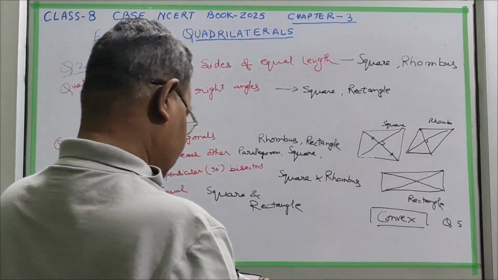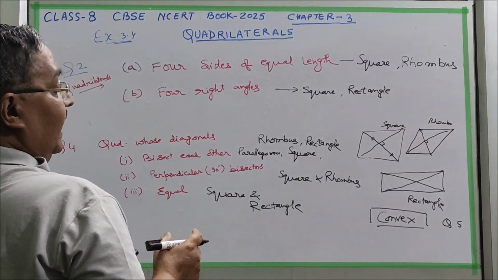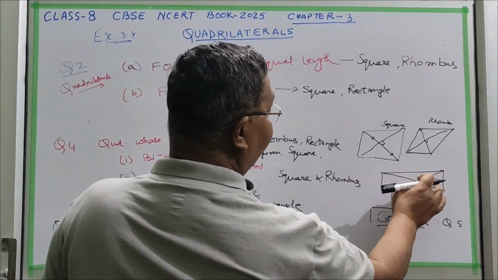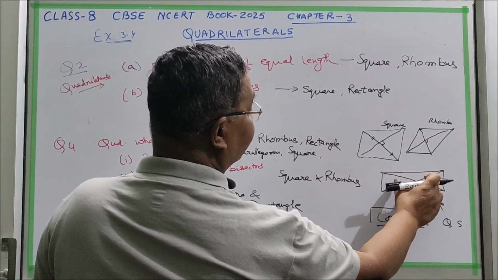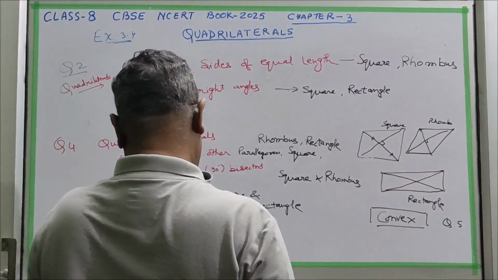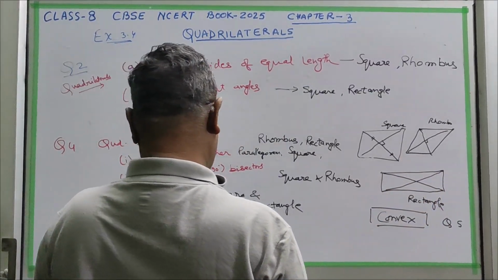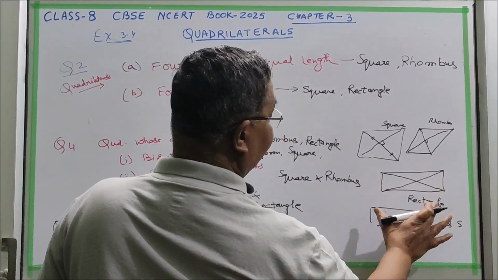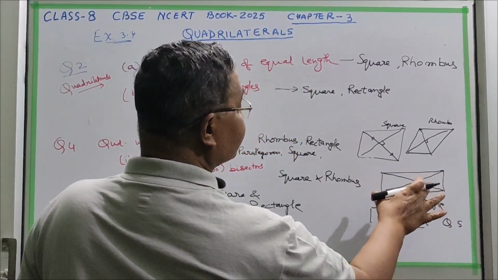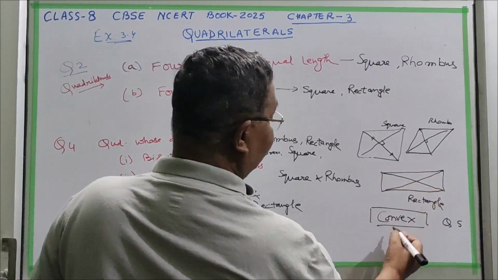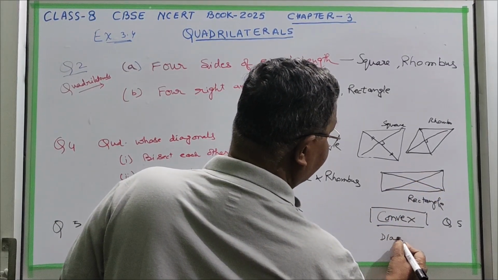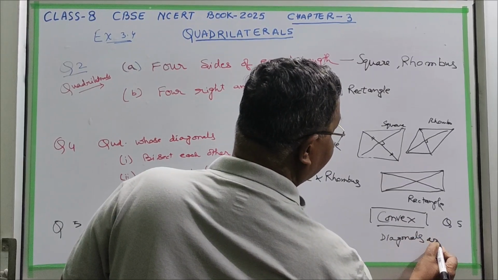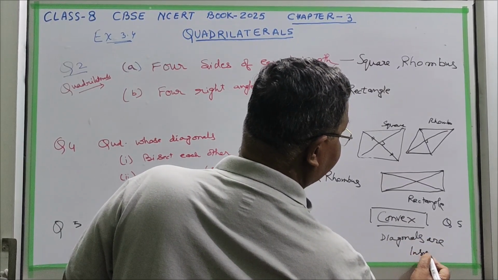So here, convex. It is a 2D diagram. 2D means the diagonals are inside it. Diagonals are inside of a rectangle, so the figure of the rectangle comes inside.